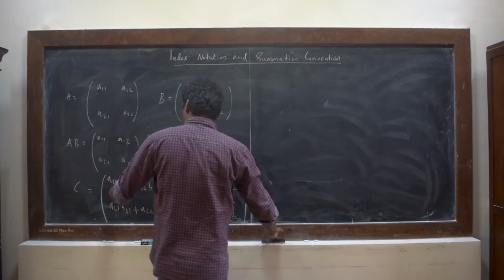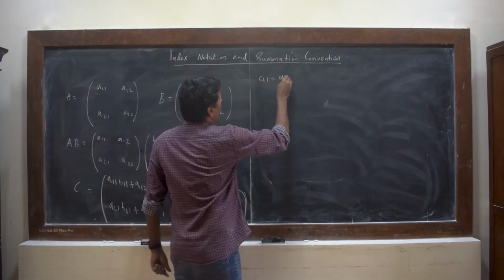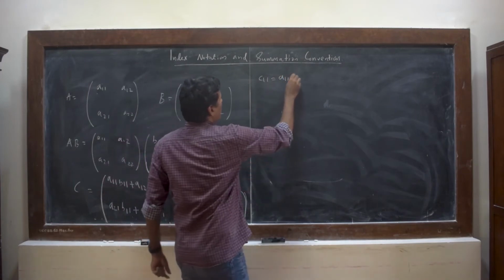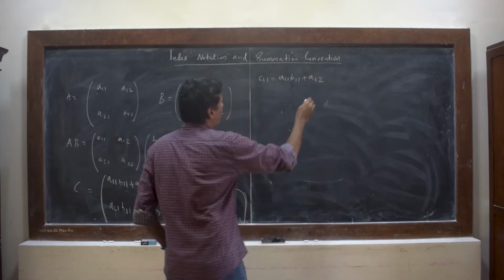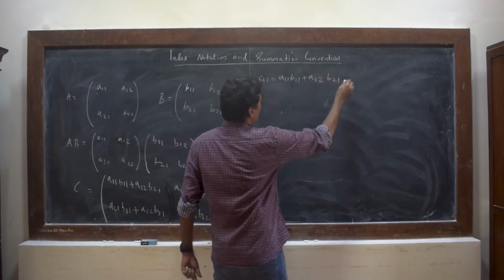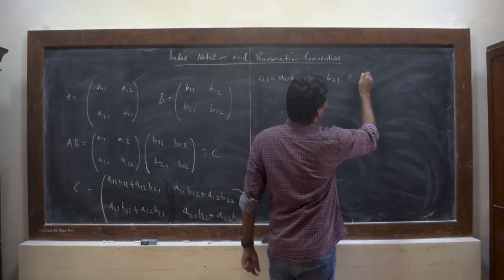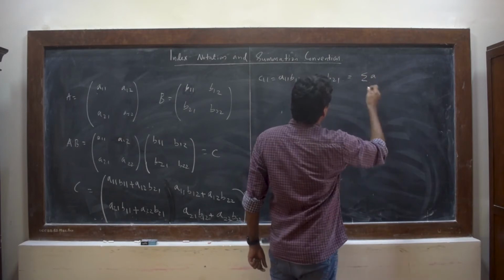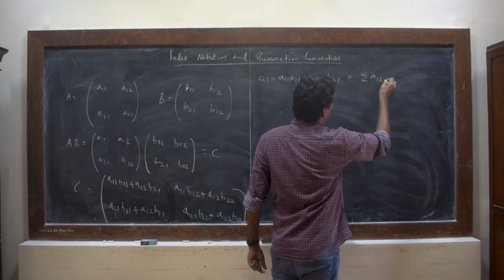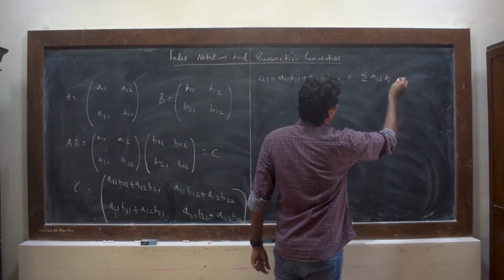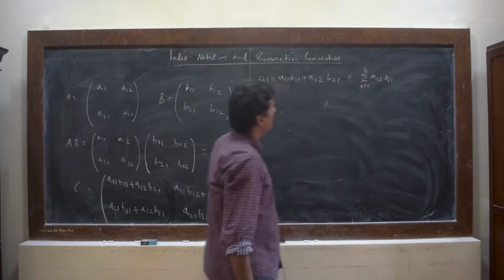You can see that your C11 is A11 B11 plus A12 B21, and this can be written as summation A1i Bi1.